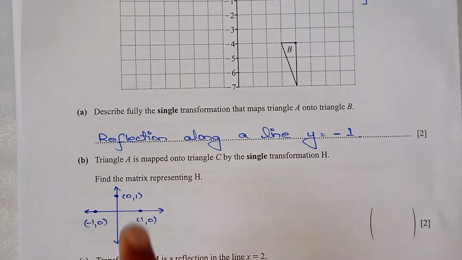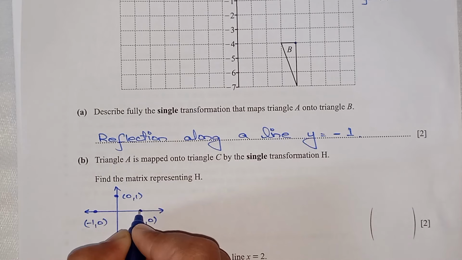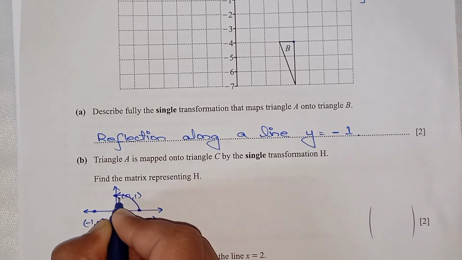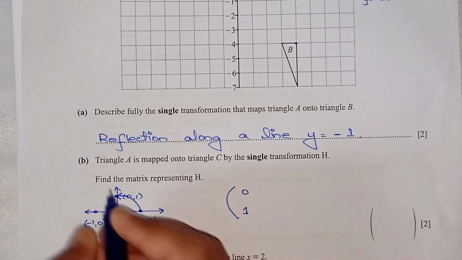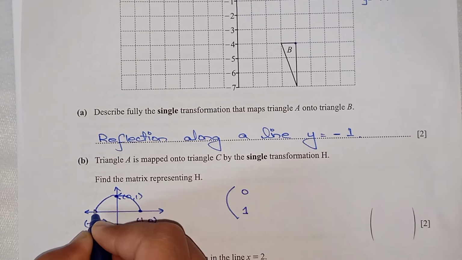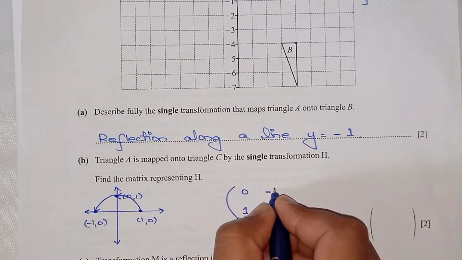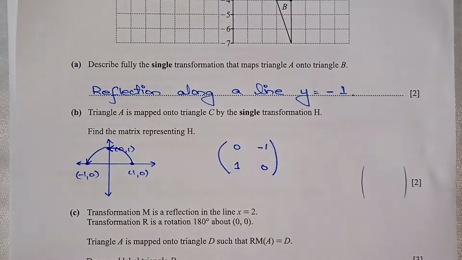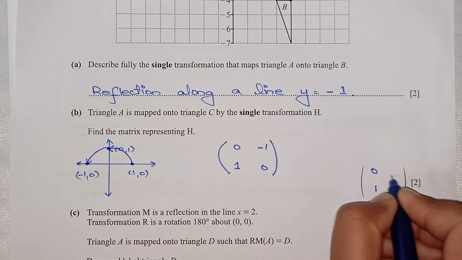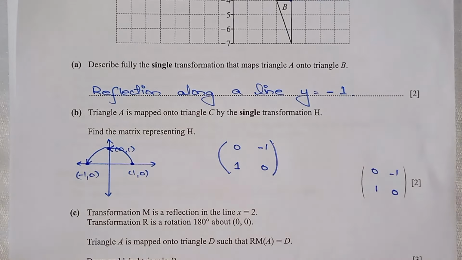So when it rotates 90 degree anti-clockwise, so the first point becomes this point. So for the matrix, the first point is 0, 1, right? And the second point changes to this point. So it would be -1, 0. So the matrix representing the H would be 0, 1, -1, 0.